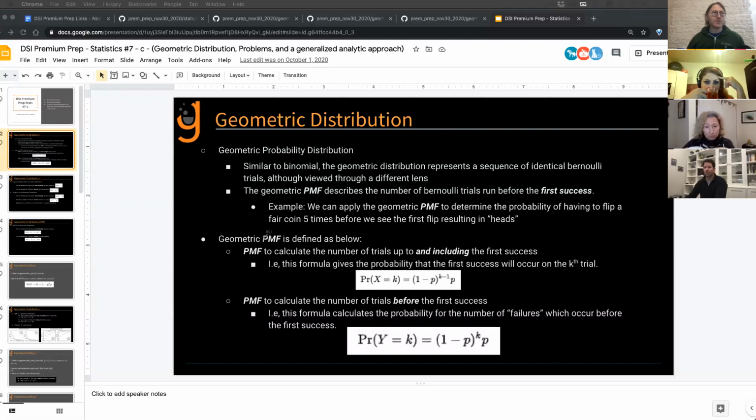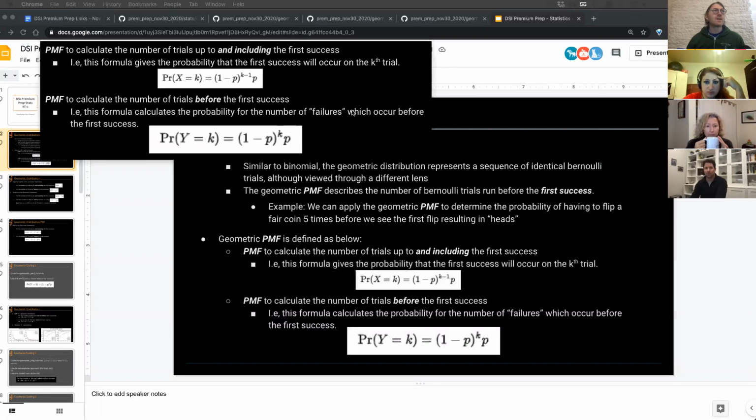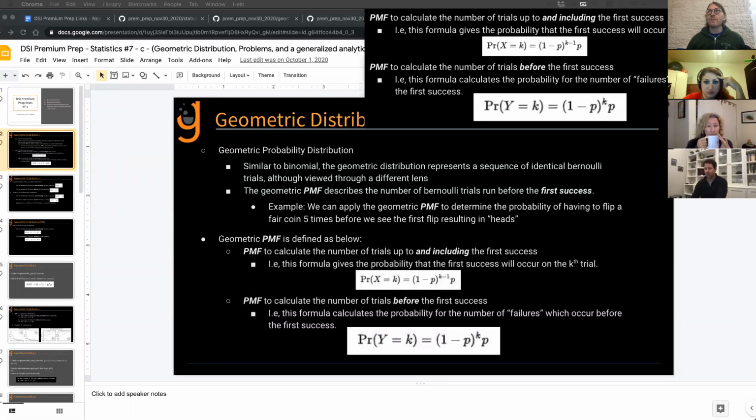And you'll notice we have two different versions of the PMF here, but it doesn't really matter which one you use. So we're going to code both of them, and we're going to code both of them into a given function.